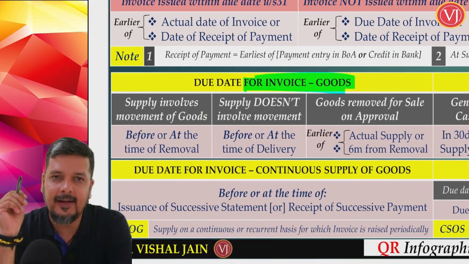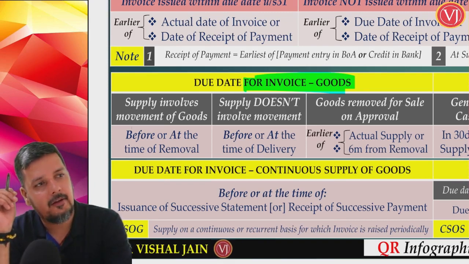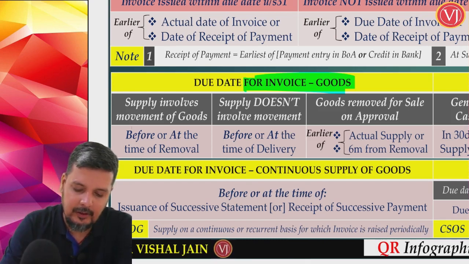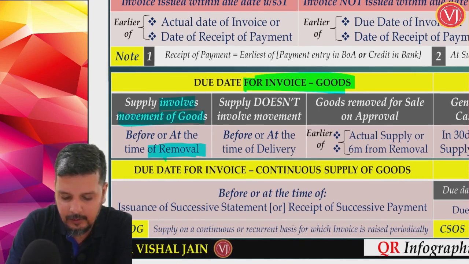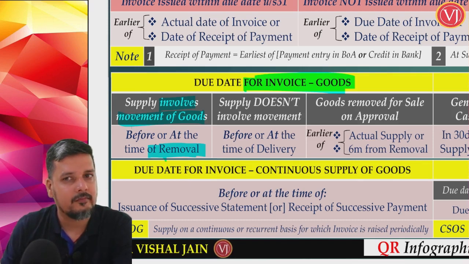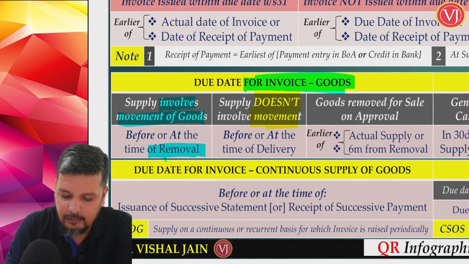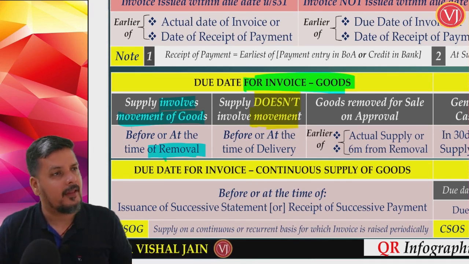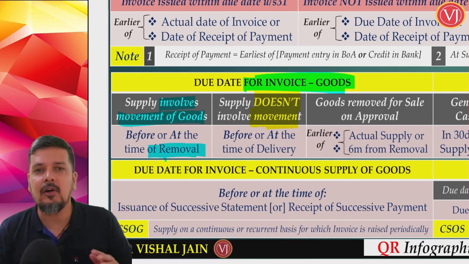If there is supply and movement, there is supply of goods and goods are also moving out, then you have to raise the invoice on or before removal. If supply does not involve movement of goods, there is supply of goods, but the goods are lying there itself, there is no movement. That can happen in rare cases.